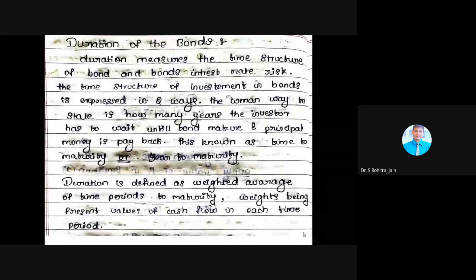So duration is a measure. Please understand, students, bond duration is a measure of the sensitivity of the price of a bond or other debt instrument to a change in interest rate. A bond's duration is easily confused with its term or time to maturity because they are both measured in years.